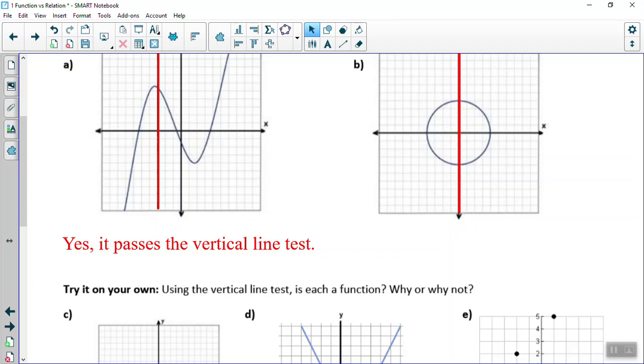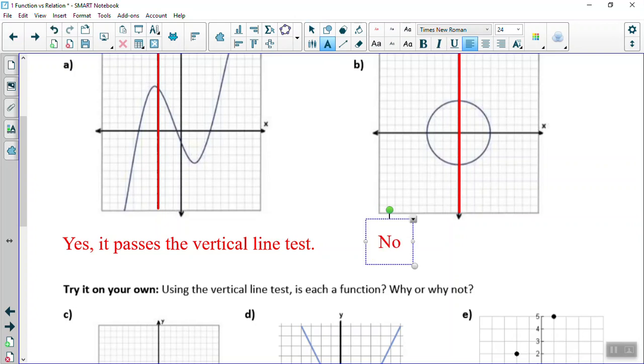So we're looking at the circle here, and I'm touching the circle right here at an ordered pair of 0, 4. And then I'm touching here at an ordered pair of 0, -4. Well, you'll notice that they both have an x value of 0. It's not a function. So this one we're going to say no, because it fails the vertical line test.